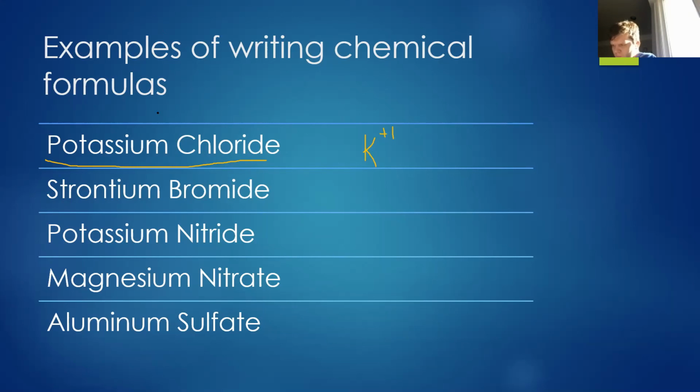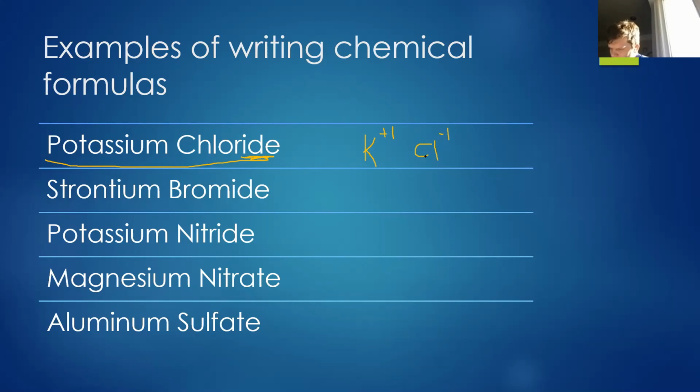Now the second portion, chloride, since it has an IDE ending, that tells me that it's an element from the periodic table, not a polyatomic. Chloride is just the IDE version of chlorine. Looking at the charges, it's a halogen, so it's going to have a -1 charge.